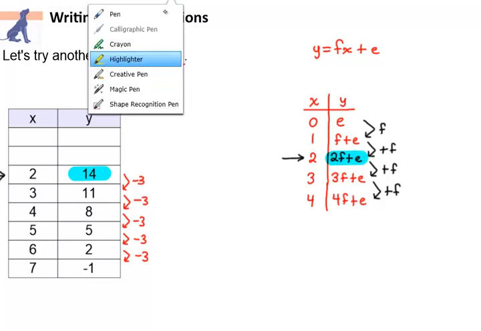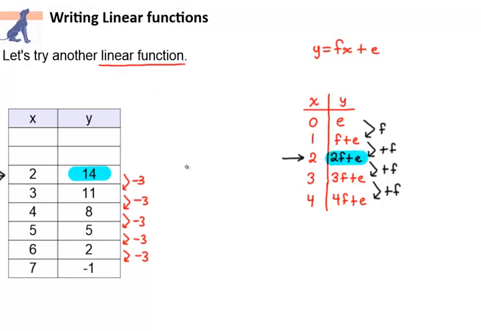So let's line that up. So what we're saying is that 14 is equal to 2f plus e. Okay, so let's line up the next one down. So if I go down, we got f is equal to negative 3. Okay, so now I'm going to plug it in.